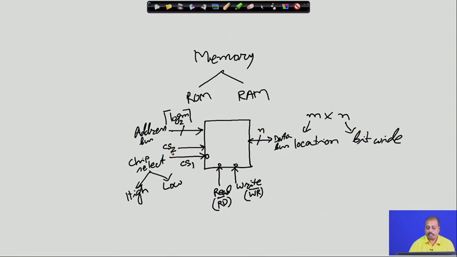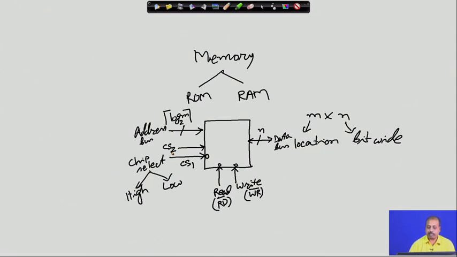The logic is that for the chip to operate and give output, both CS1 and CS2 must be enabled, and this helps in the decoding process. When we are connecting this chip to a processor, to ensure that we select the proper chip, a decoder has to be there, as we have seen in the last class. The decoder design will be simple if we have multiple chip select lines.